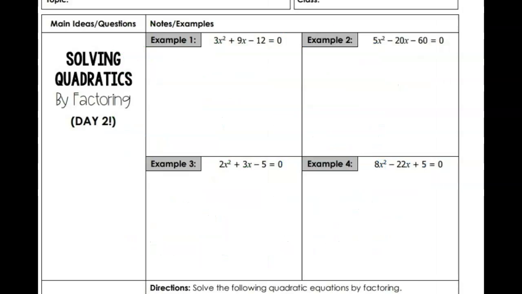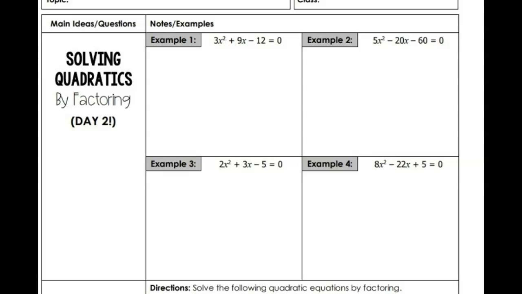The second half of today, we're going to be looking at quadratics where the leading coefficient is not 1. So either these are stretched, they're steeper than the normal just y equals x squared, and when we solve these we have to take a little bit of an extra step to look for any common factors that might be there.